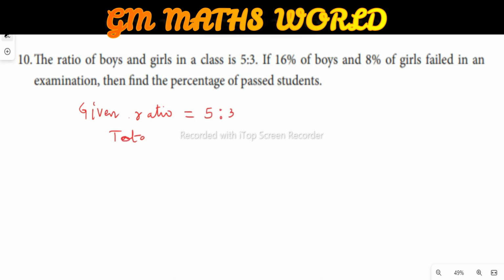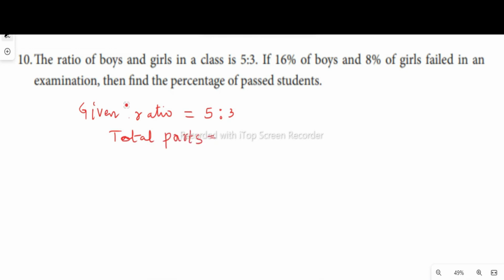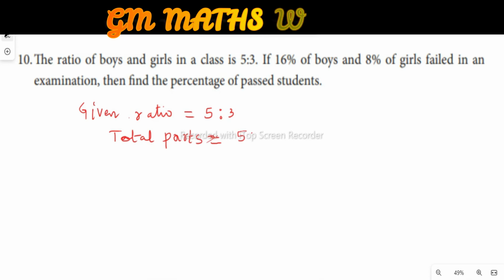So given ratio, we have to write the steps: given ratio is 5 is to 3, total parts is 5 plus 3 equal to 8. So there will be 8 parts for the total number of students. Okay, so boys part is 5 parts and girls part is 3 parts out of 8. Now percentage of boys passed: total percentage minus fail percentage will give us the pass percentage.